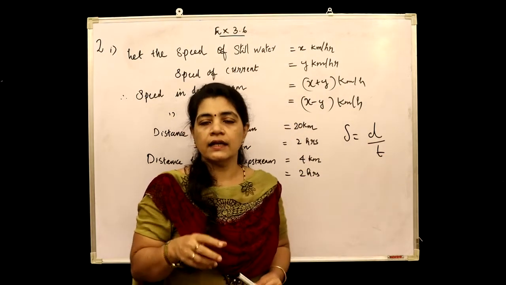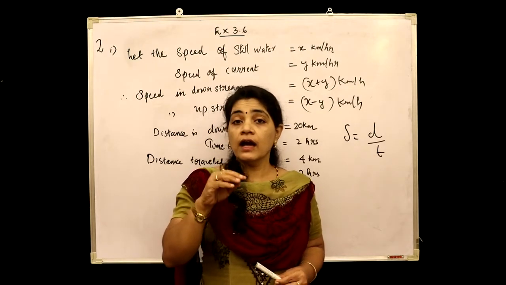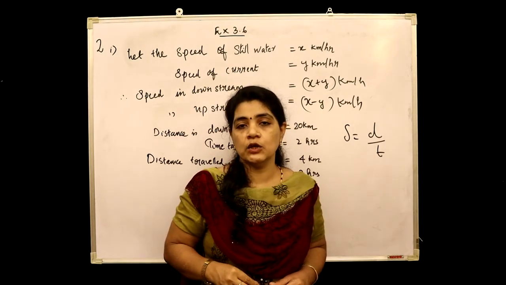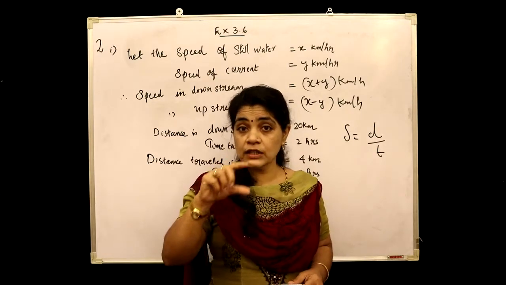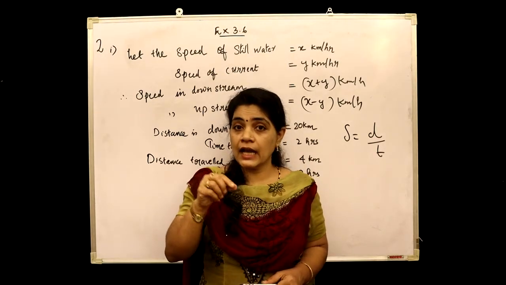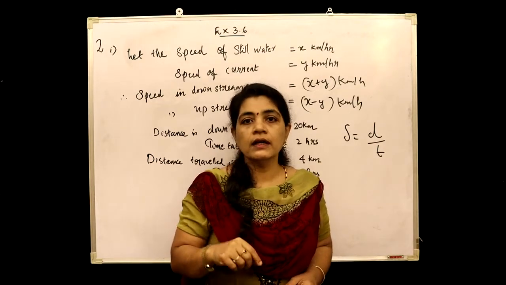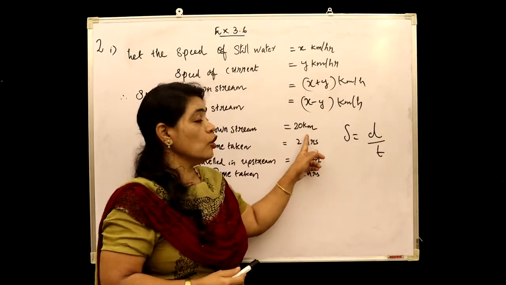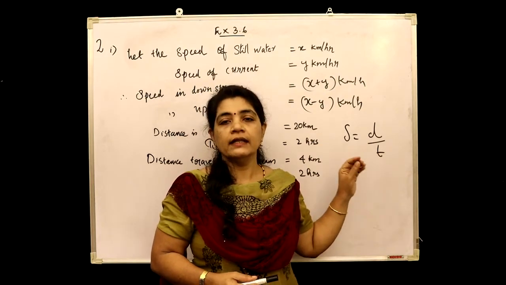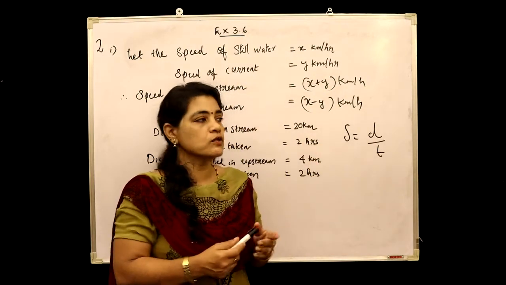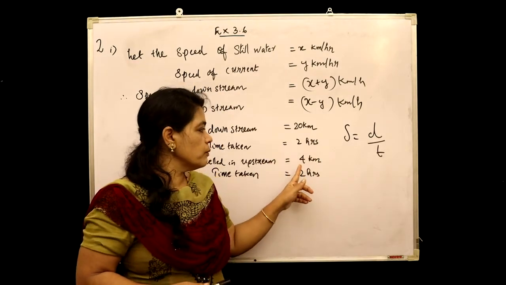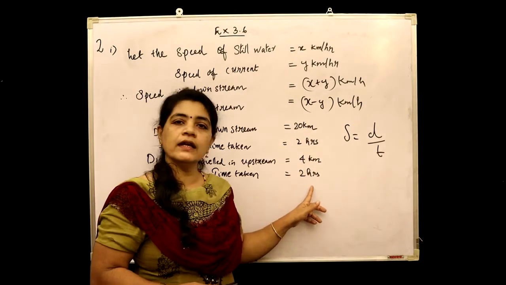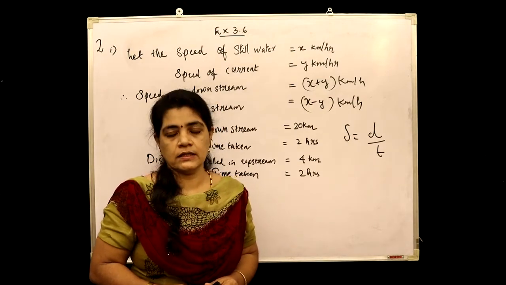Here in this question we have to formulate equations with respect to time, because in both cases we have been given the time taken to cover the distance: 20 kilometers for downstream, given as 2 hours, and in the same way the distance covered in upstream is 4 kilometers, and the time taken is also 2 hours.